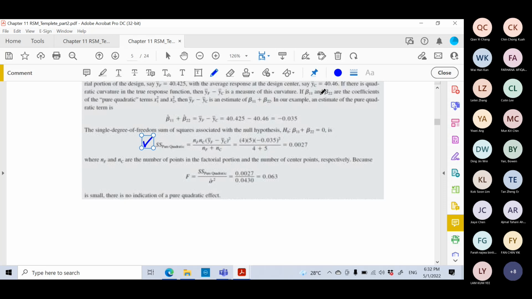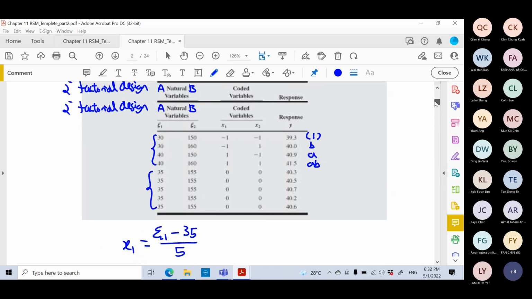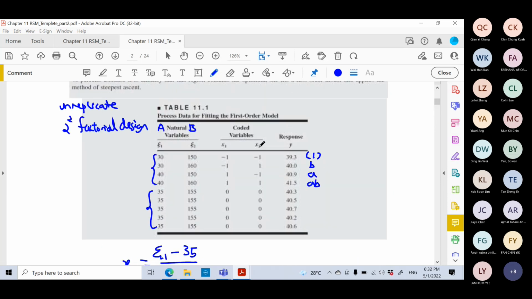So in the above case here, we know that the number of factorial points is only 1, 2, 3, 4. The number of center points will be 5. From the factorial points, you can calculate the average value of here, and this part is the mean for the center point.